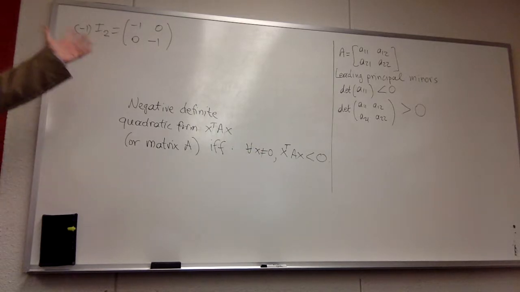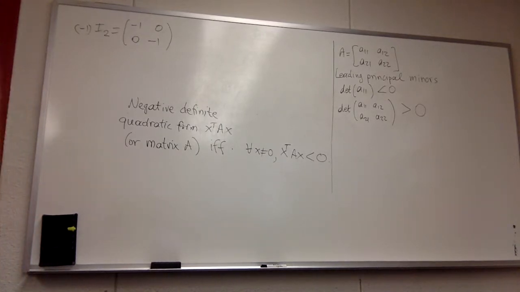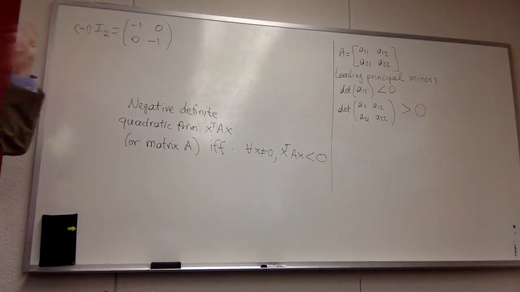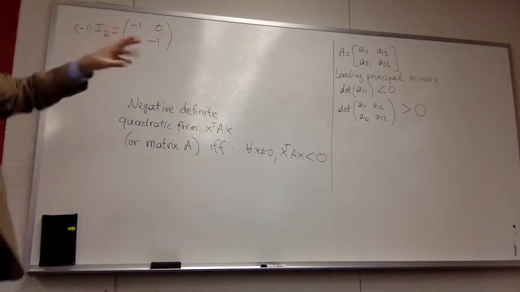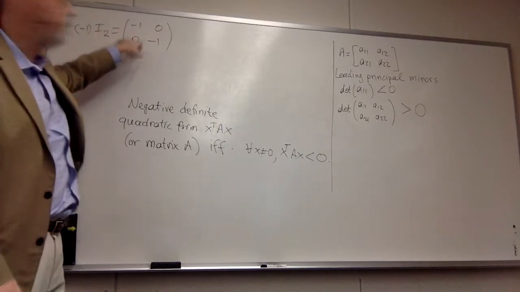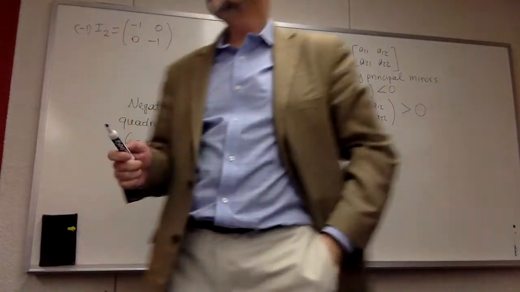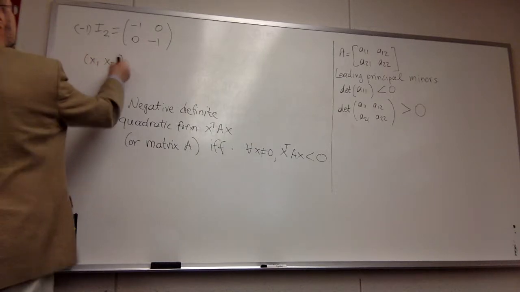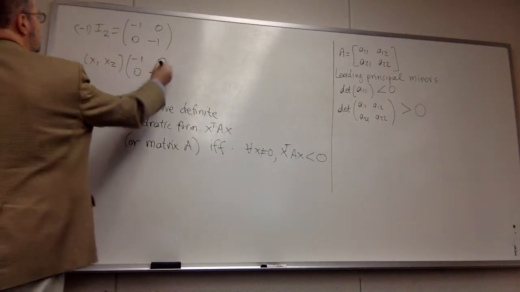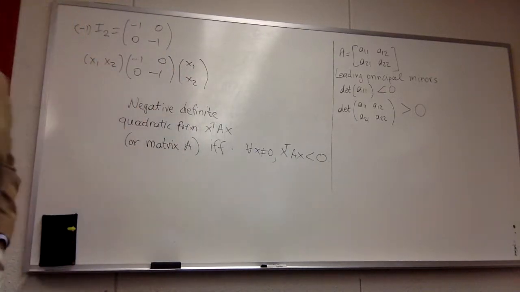And if this is not negative definite, then my definition of negative definite is really strange, right? So let us actually calculate the quadratic form that corresponds to this matrix. The matrix is symmetric. The off-diagonal elements equal to each other. They're 0, in fact. All right? Okay, so the quadratic form is going to be like so.